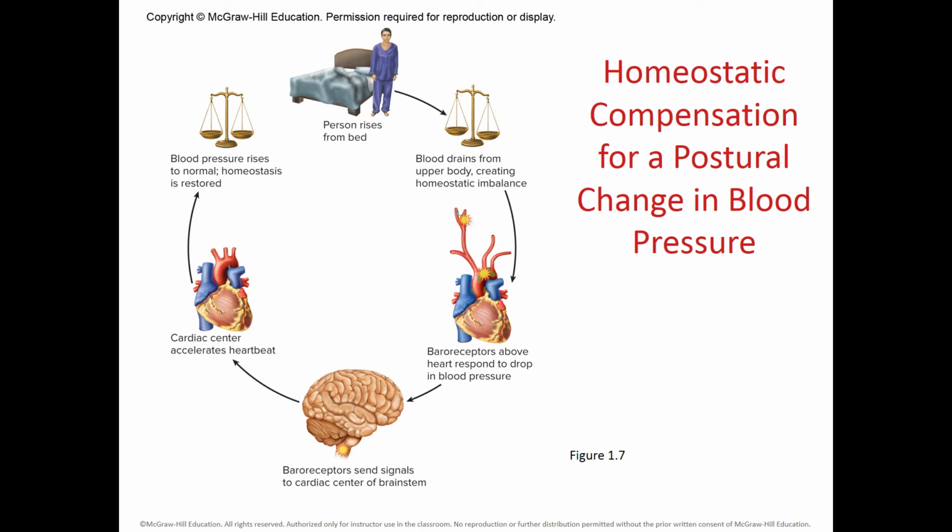So when someone is laying on their bed and the person rises from bed, the blood pressure tends to drop because the blood will go from the head into the legs. And in order for us to maintain blood supply into the brain, which is very important to keep us conscious, you will start detecting these changes in our blood vessels with what we know as baroreceptors.